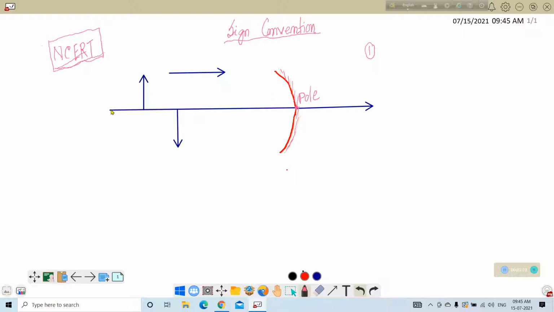And this axis, the X axis, is the principal axis. This is also the principal axis.